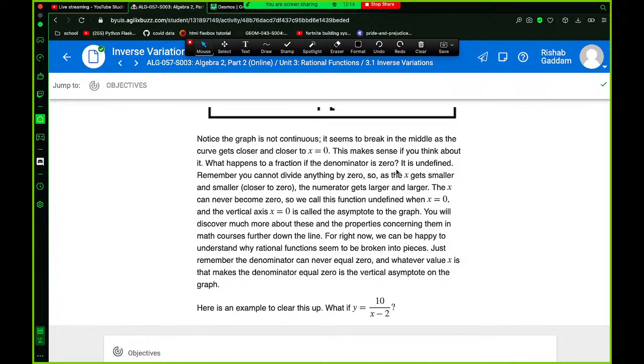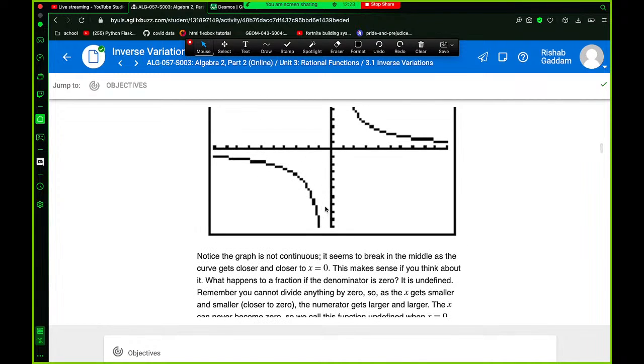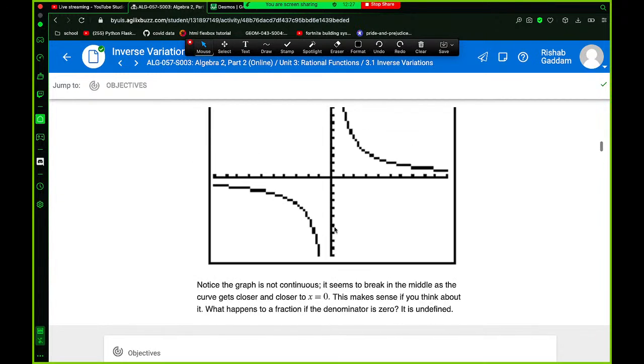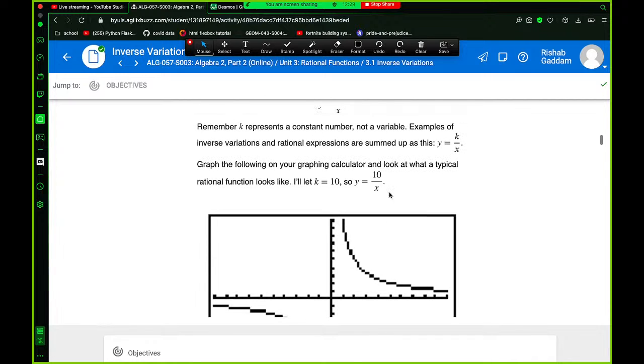Notice the graph is not continuous. It has a break in the middle as the curve gets closer and closer to x equals 0. This makes sense if you think about it. And the reason why that happens is because of algebra. As you can see here, the equation for this is y equals 10 over x.